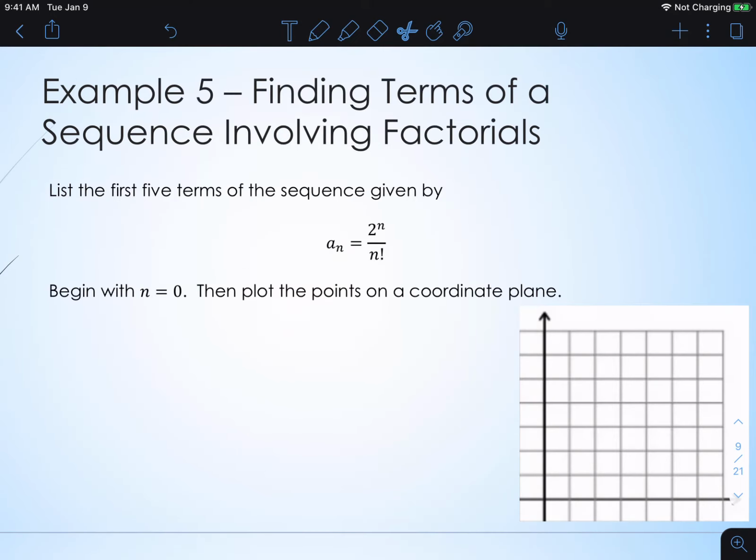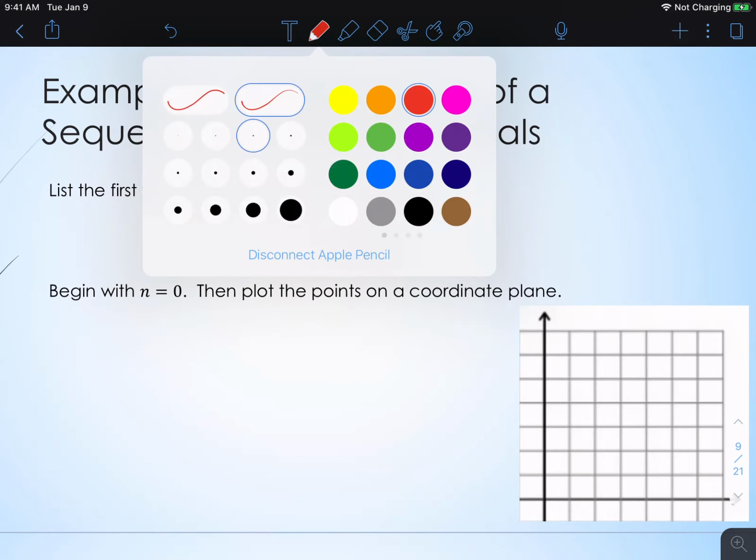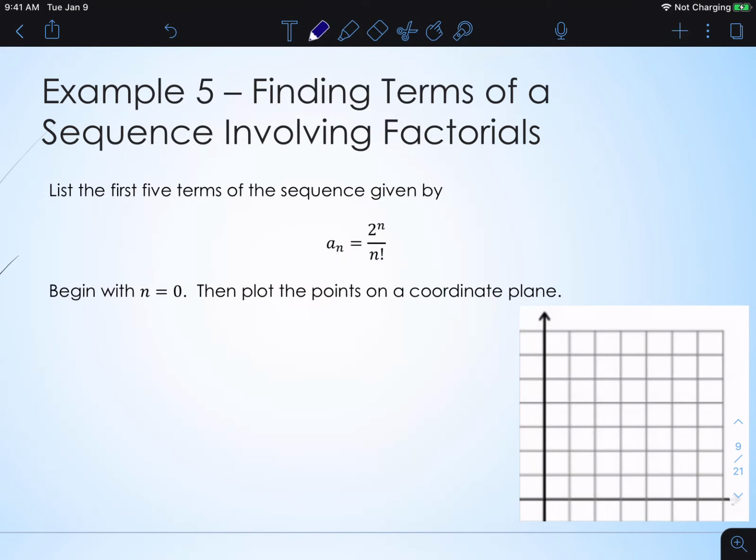In example 5, we're going to be finding the terms of a sequence involving factorials. So watch how this goes. We've got a sub n is equal to 2 to the n, divided by n factorial. We're going to make our first one n equals 0. So let's see what happens when n is equal to 0.